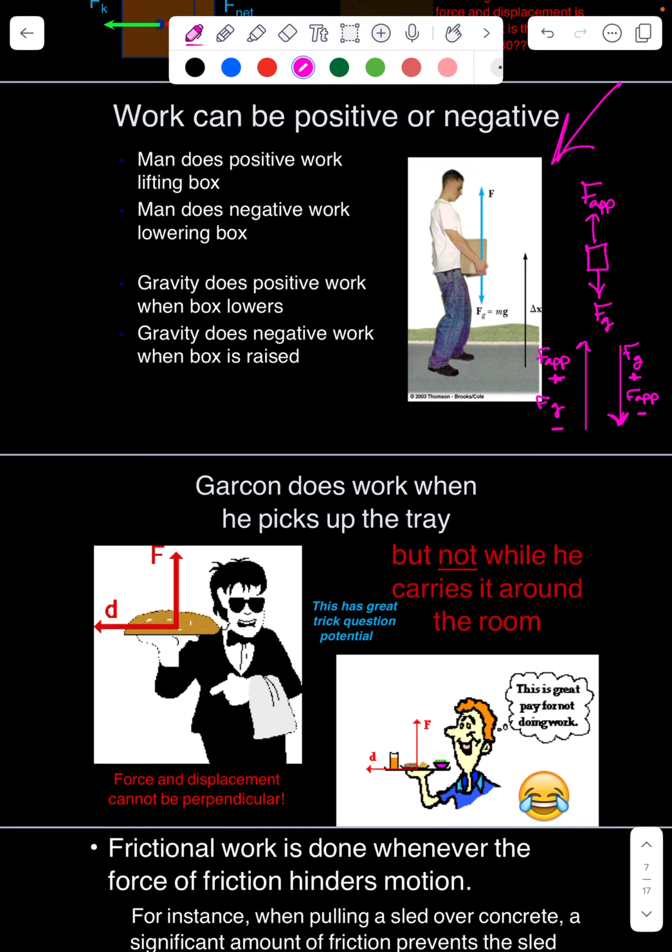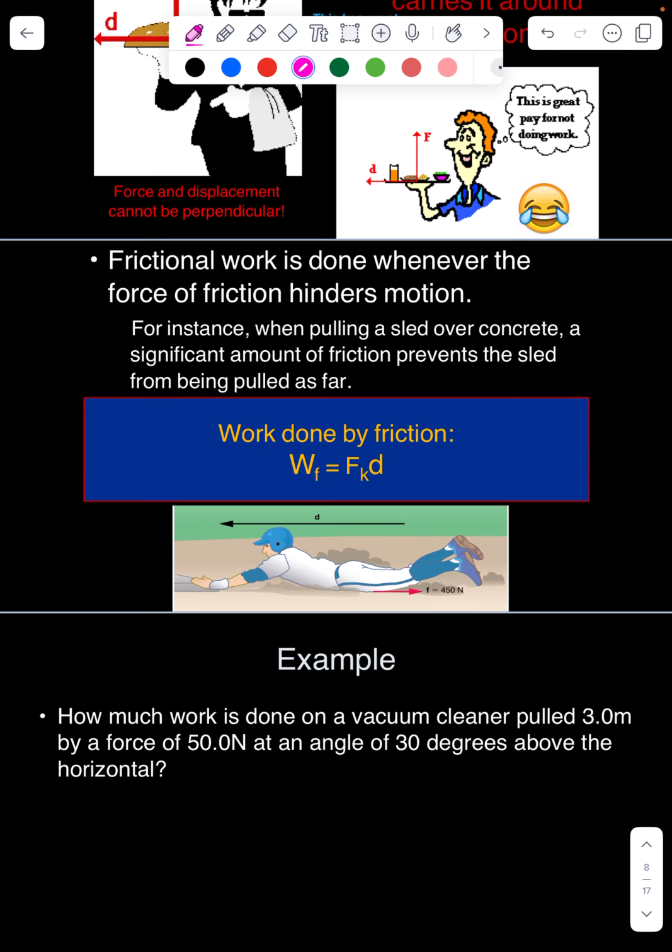All right, now I want to skip a little bit. We're going to go to this one. Now, friction is a force. So if you have something that's sliding on something else, we know that friction always opposes the motion. So if your object is going to the right, friction is always going to be to the left.